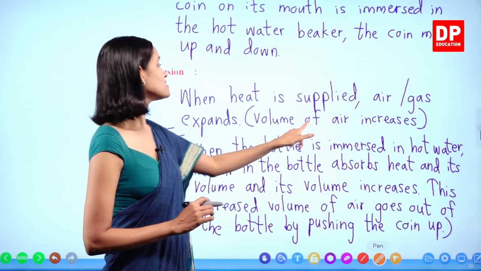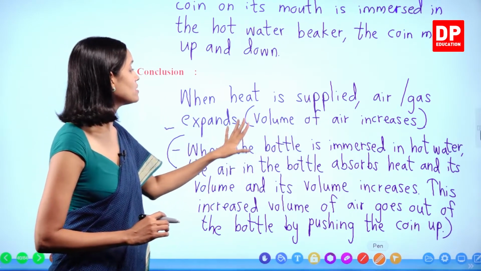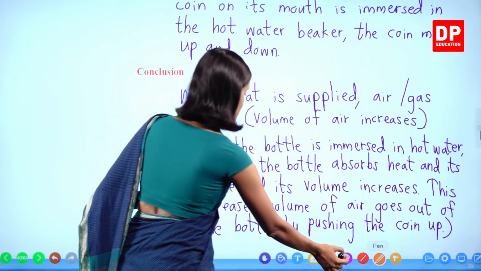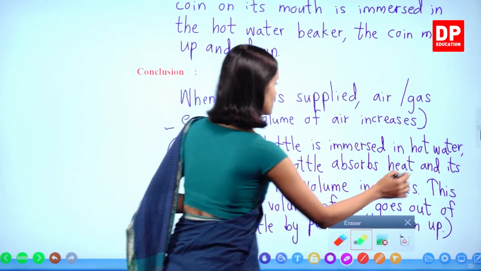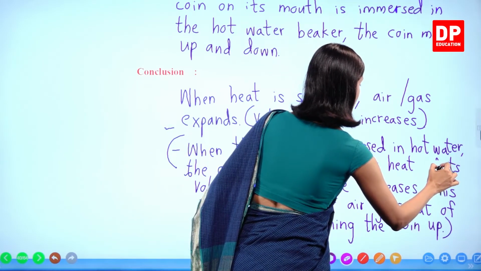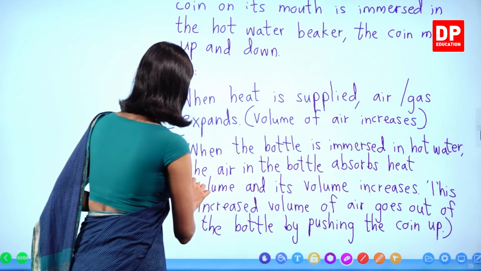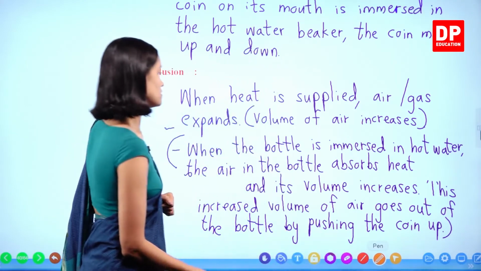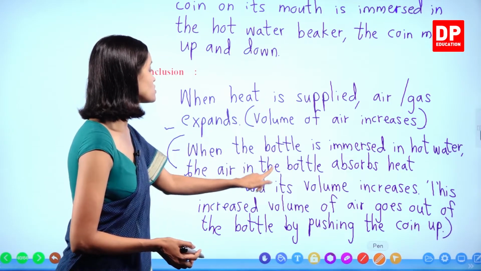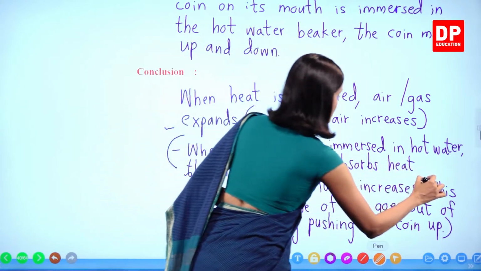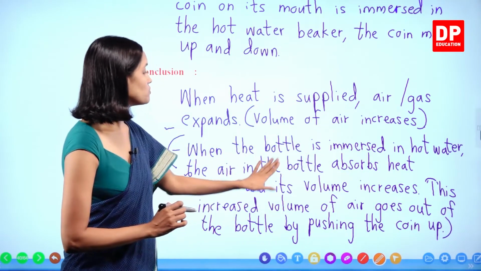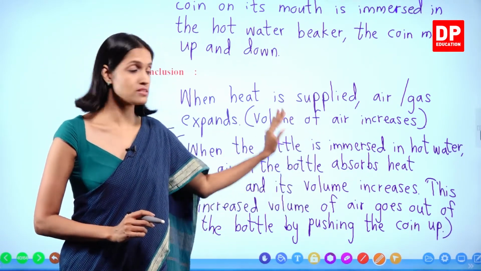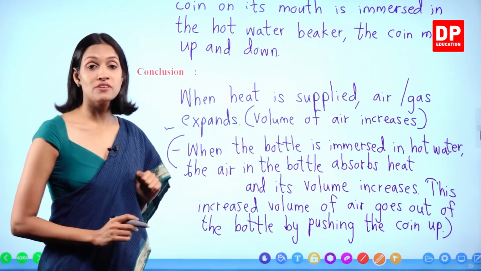When the bottle is immersed in hot water, the air in the bottle absorbs heat and its volume increases. This increased volume of air goes out of the bottle by pushing the coin up. This is the reason for this observation.